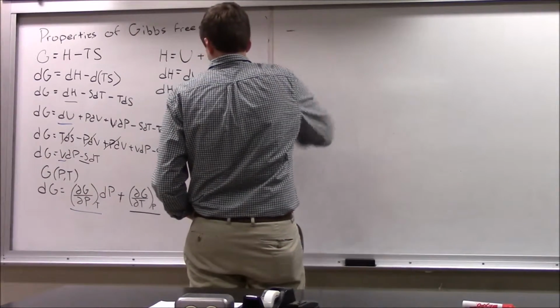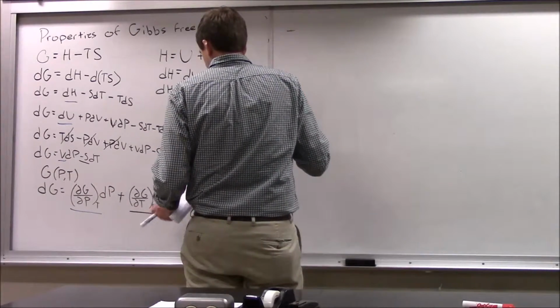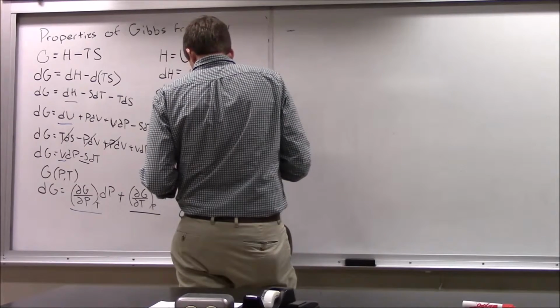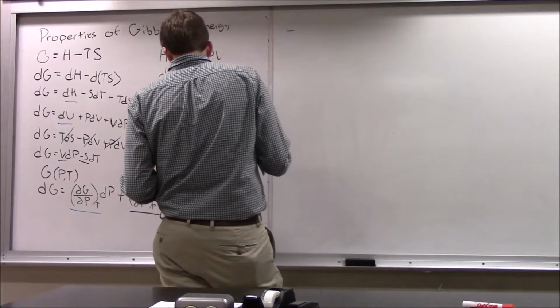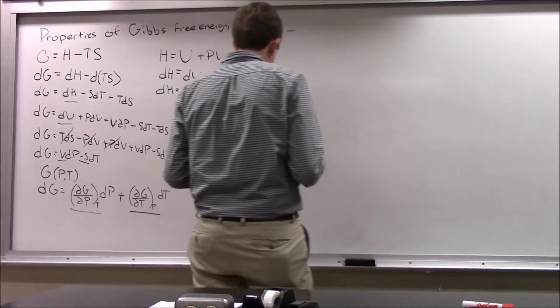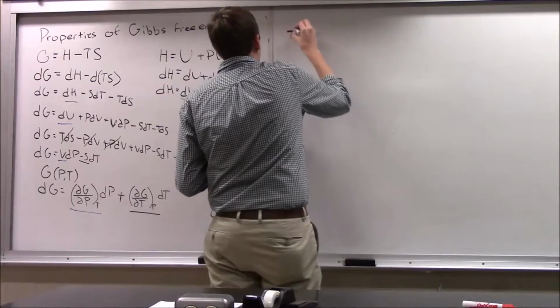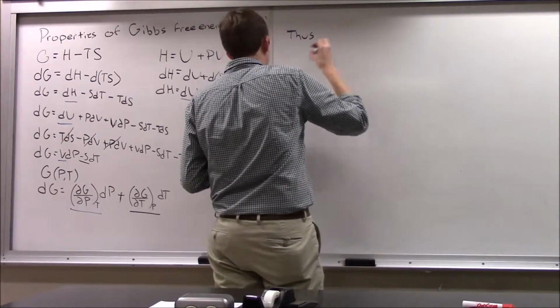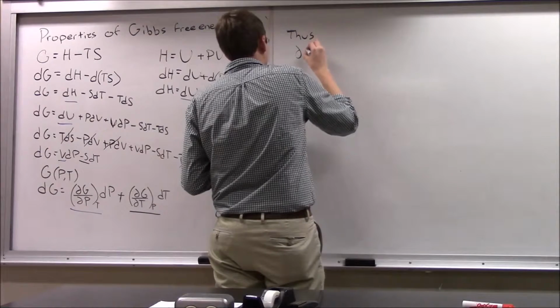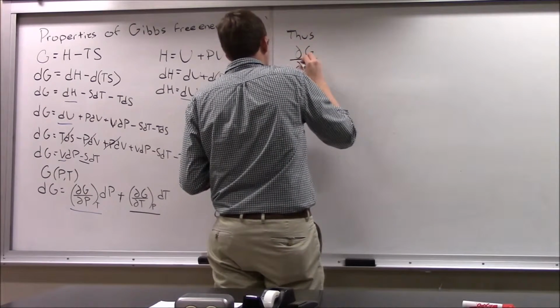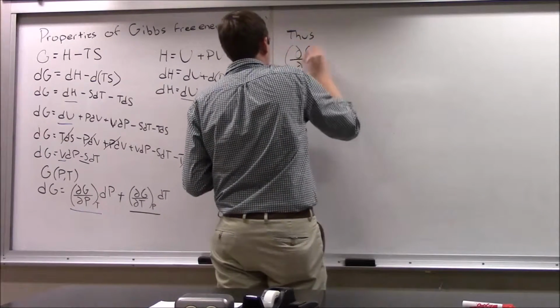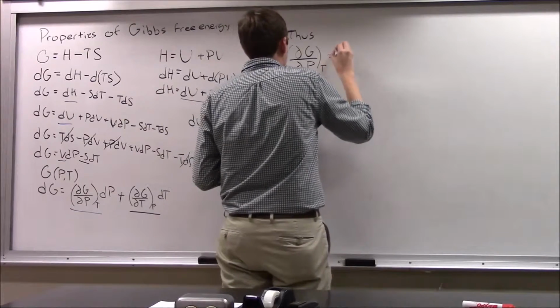I'm going to start with my relationship between the Gibbs free energy and pressure. So thus, my partial derivative of my Gibbs free energy in terms of pressure at constant temperature is equal to volume.